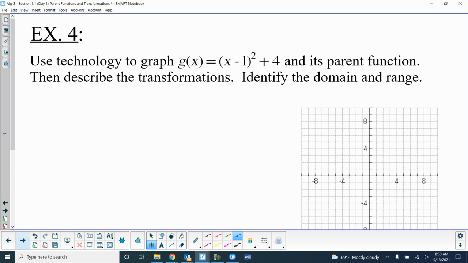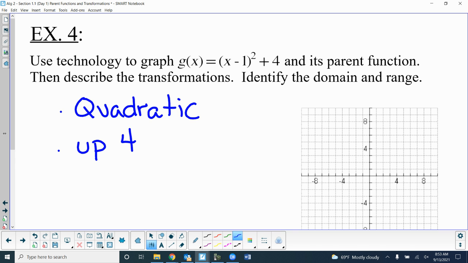All right. Last one that we didn't get to. All right. Which family? Quadratic, because of the x squared, right? All right. Outside of 4. So that means up 4, right? Inside a negative 1, right 1. Was there any reflection?